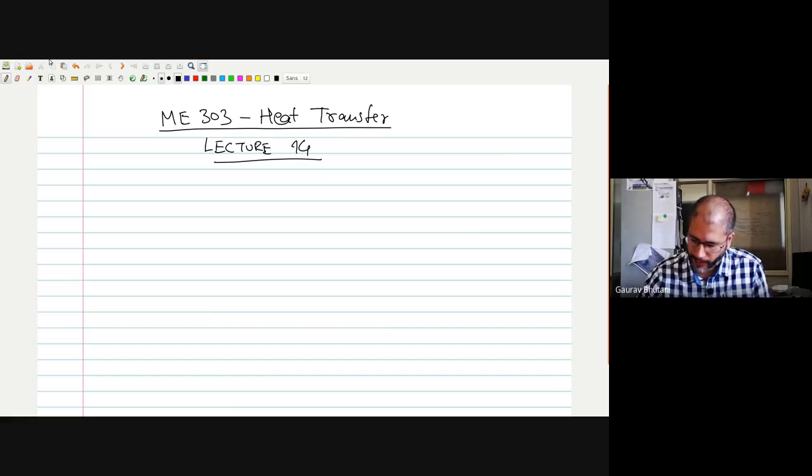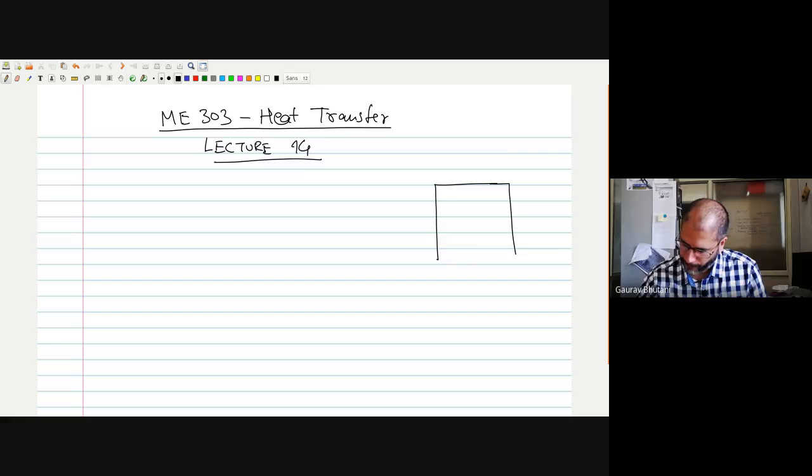We had taken a problem which is a rectangular cross-sectioned rod. The origin is here, so this point is x equals 0, and this one is x equals L. This is my x and y coordinate system, and this is y equals w.